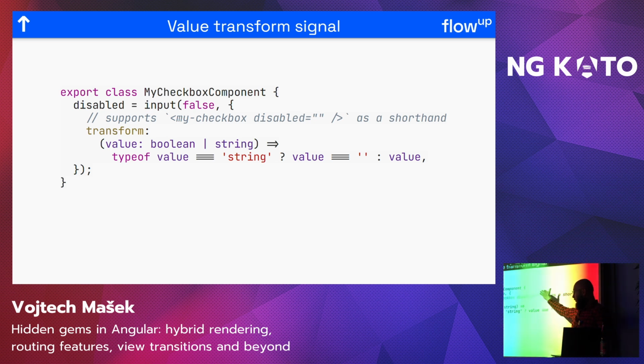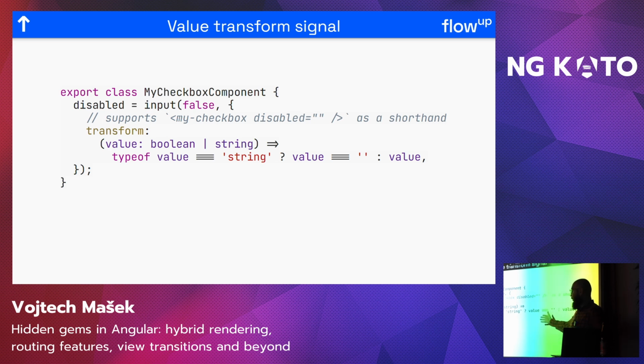We have a checkbox. This checkbox has an input for whether it's disabled or not. You have false as the default for the input, and you can use the transform for transforming the value from string to an actual boolean.